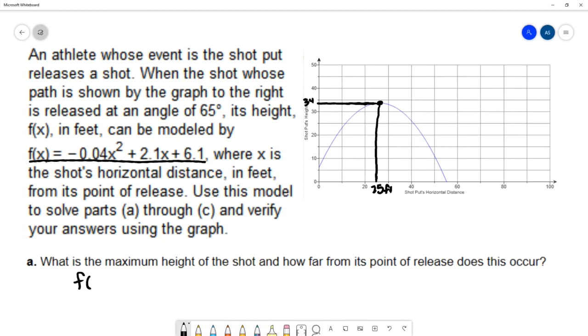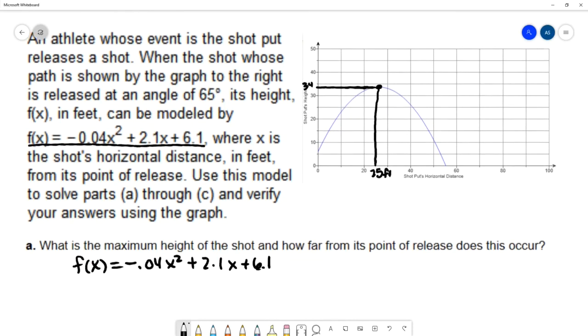So we have f of x equal to negative 0.04x squared plus 2.1x plus 6.1. Because this is a quadratic function, I know that the maximum height is going to occur at the vertex. I can use the vertex formula to find that horizontal distance and also the maximum height.